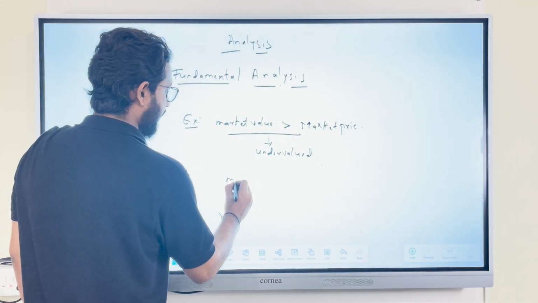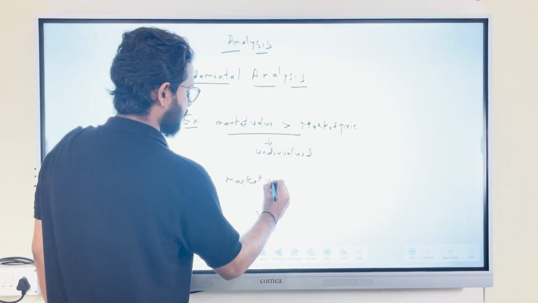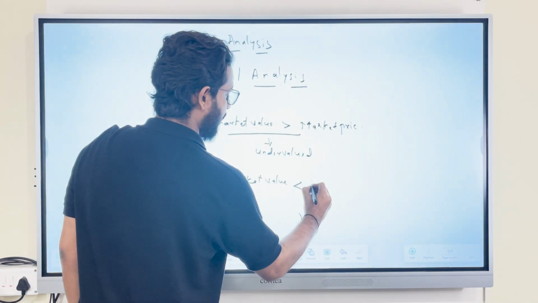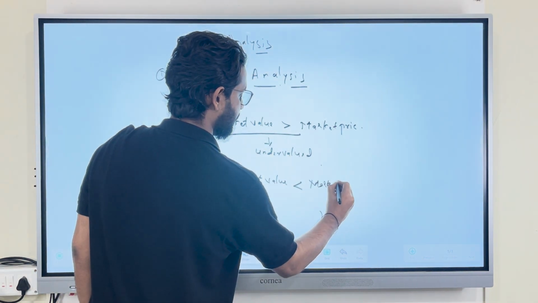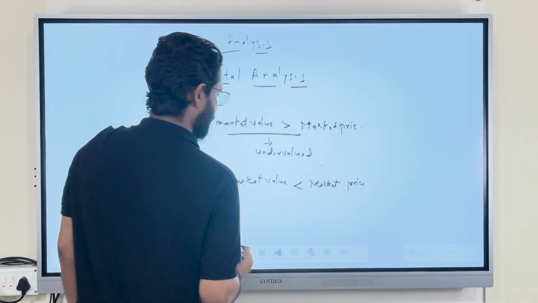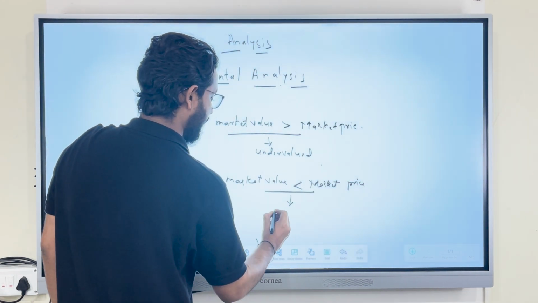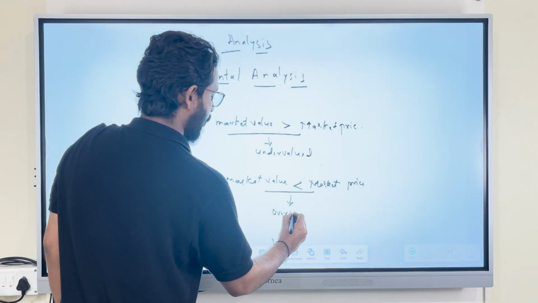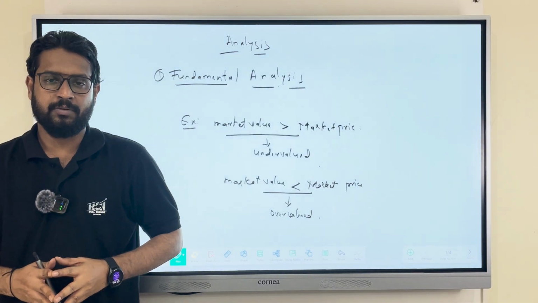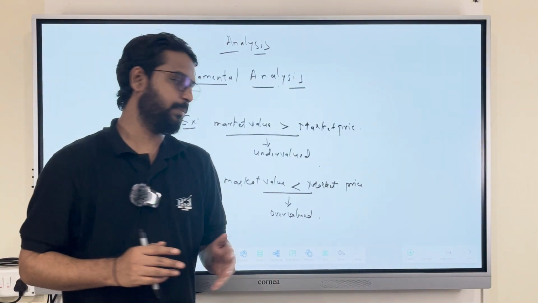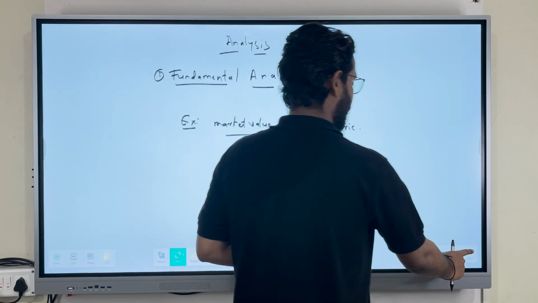But if the market value is less than the market price, then this is considered overvalued.